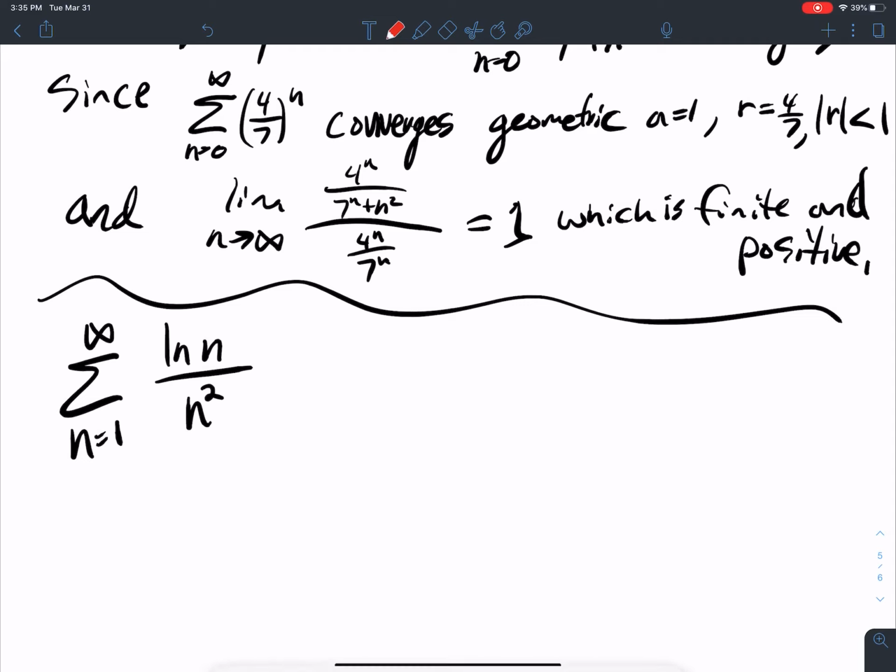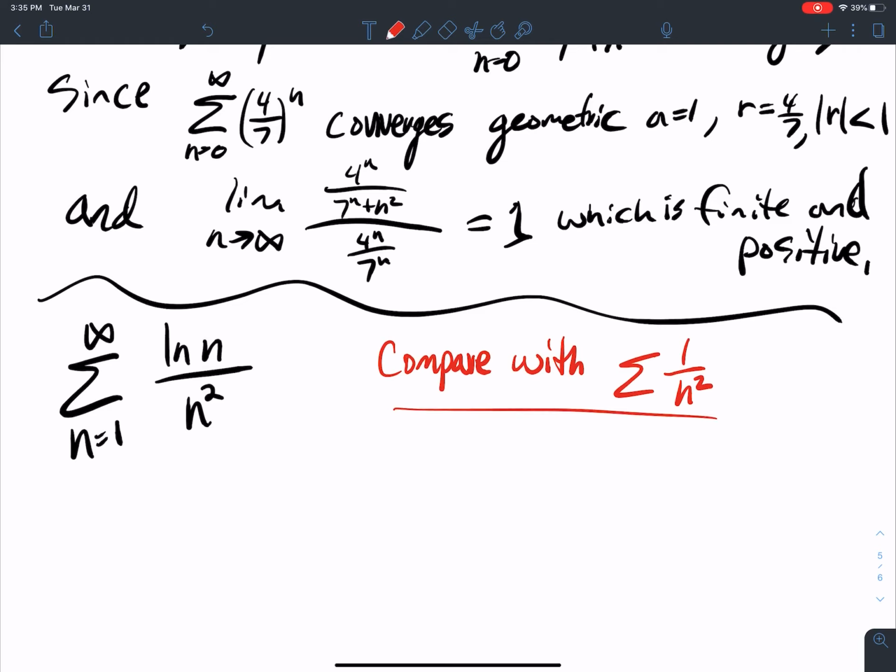If I have n squared in the denominator, I know I can compare it with, say, 1 over n squared. I know that this thing converges. It's a p-series with p equal to 2.